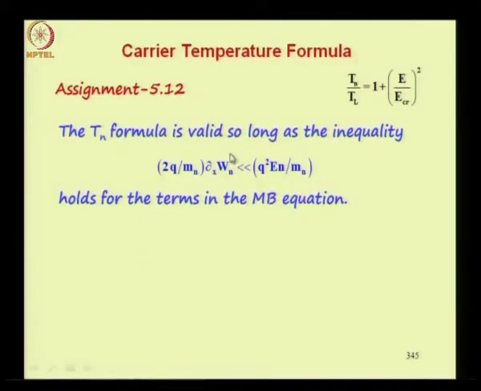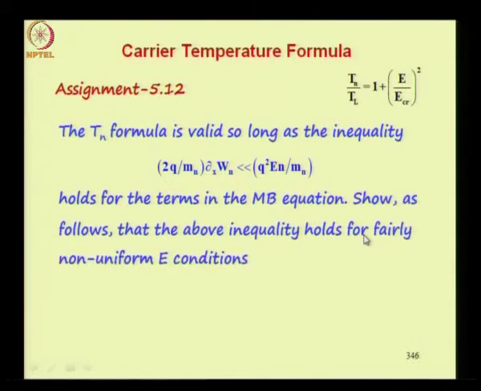If you recall, the formula for carrier temperature was derived based on steady state formulations of momentum balance and energy balance equations. In the momentum balance equation, on the right hand side you have these two terms which are listed out here. So the spatially varying term, if it is shown to be much less than this q square E n by mn term, then the formula is valid.